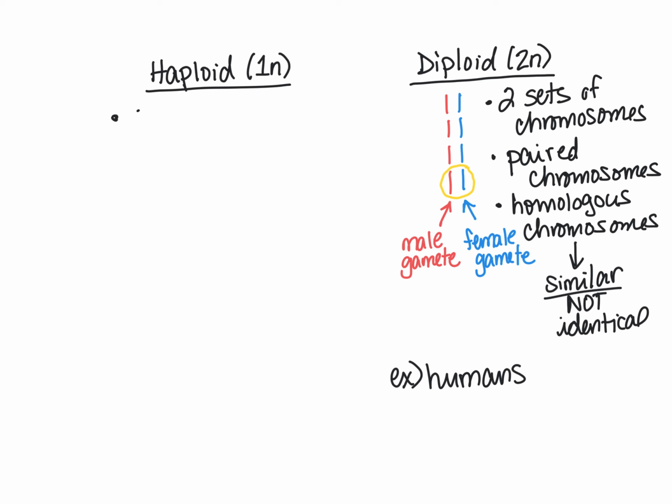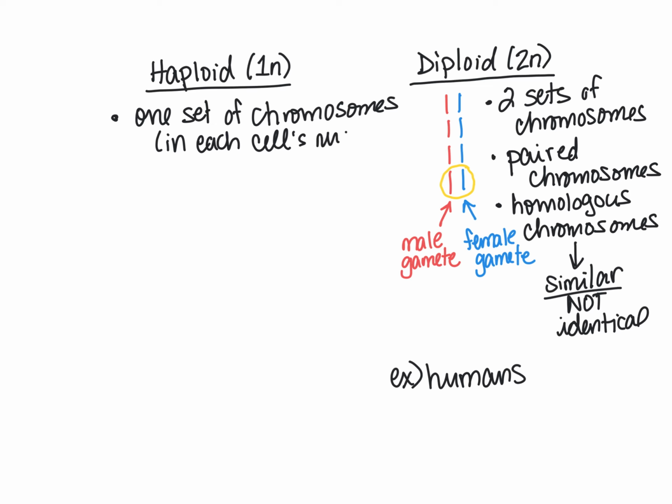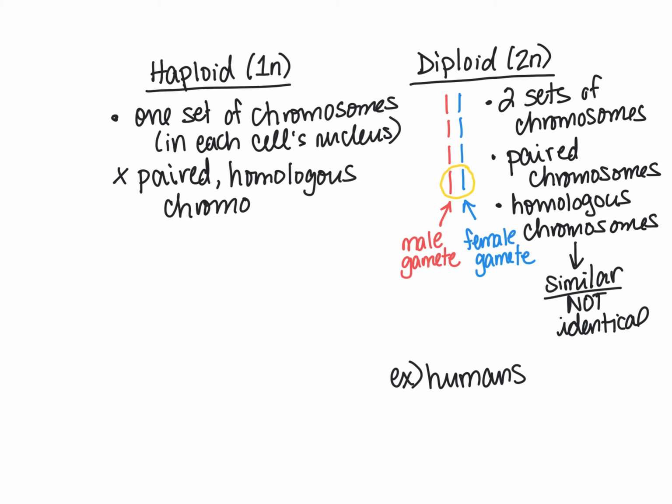Haploid means that there's only one set of chromosomes, and remember that this is in each cell nucleus. So we do not have the paired homologous chromosomes in these cells.